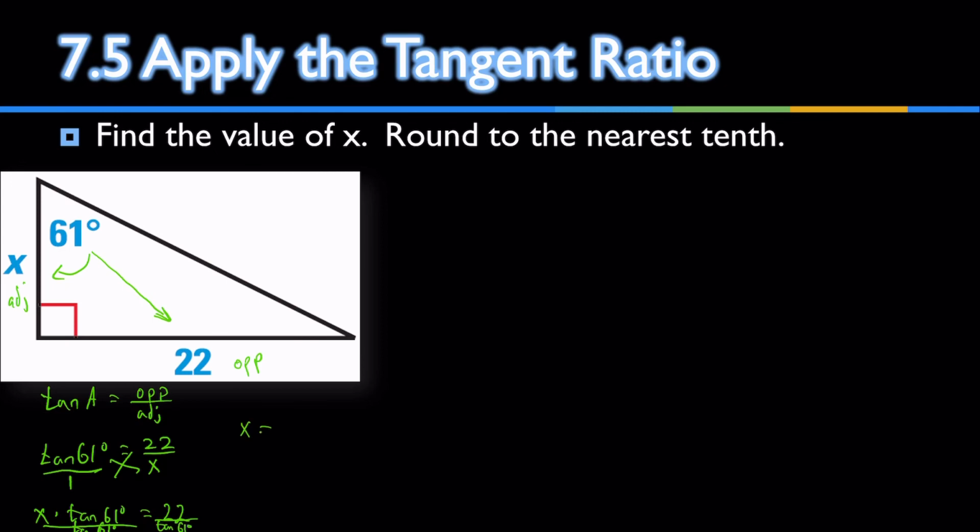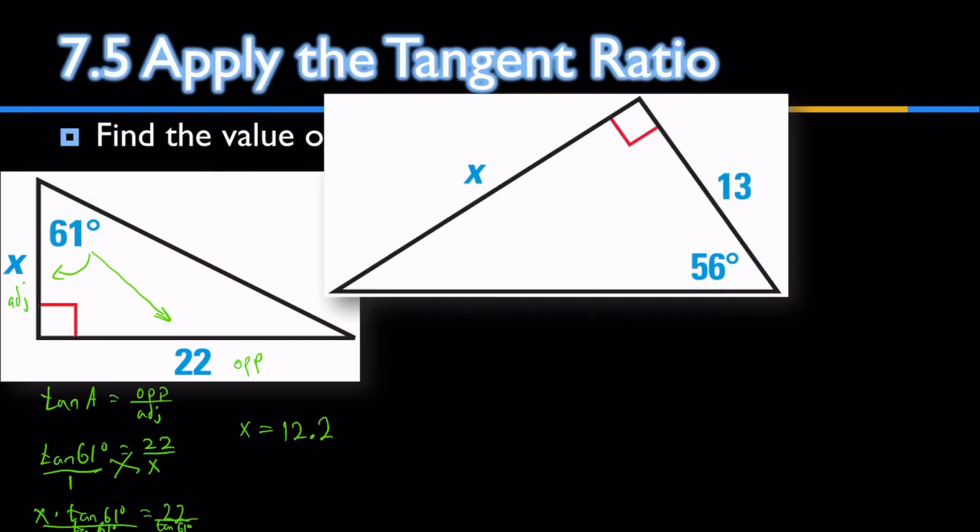So x is 22 divided by the tangent of 61, which is about 12.2. Let's try another one.